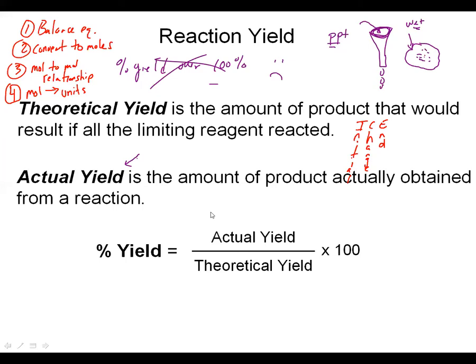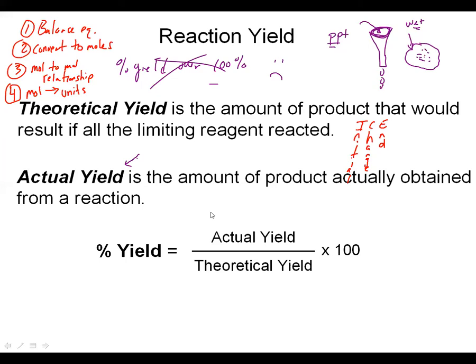We ended with talking about yields. There's the theoretical yield, which is how much product is produced from the balanced equation and what you're starting with, so how much you calculate. That comes from a starting amount and the balanced equation. The actual yield is pretty much what it sounds like. It's how much product you actually produce when you physically do the experiment.